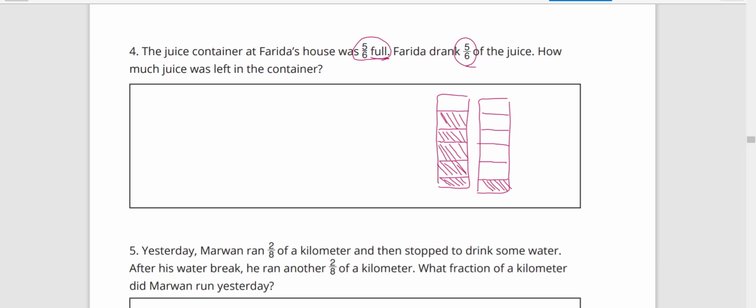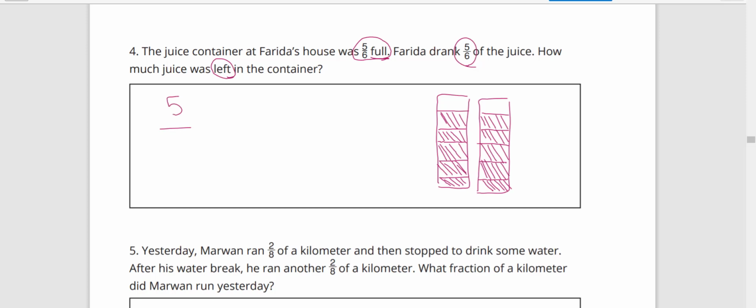She drank 5 sixths of the juice. How much juice was left in the container?